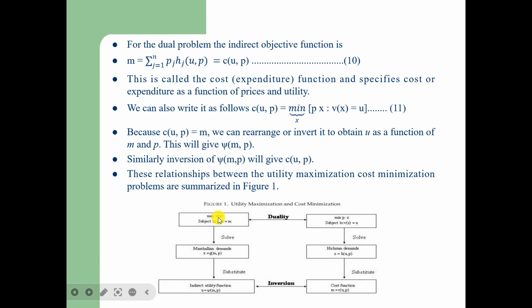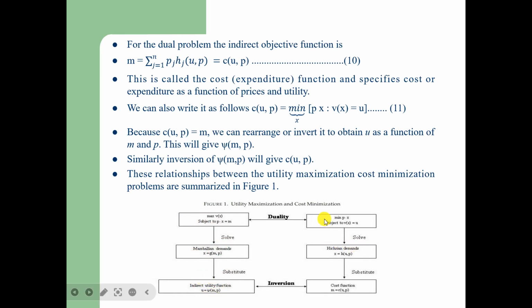The objective function is to maximize utility subject to budget constraint, and if we solve that, that gives us Marshallian demand functions. And if we substitute the optimal values of the goods quantities in the utility function, then we get the indirect utility function, which is a function of fixed money income and price vector of various goods.